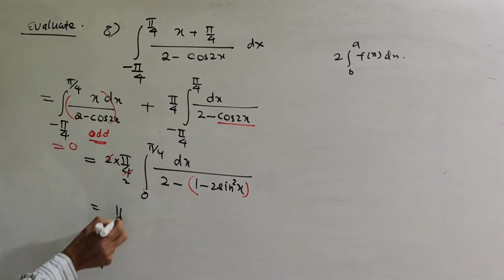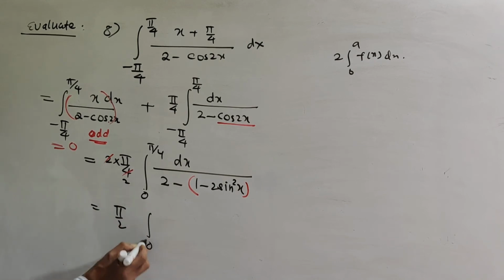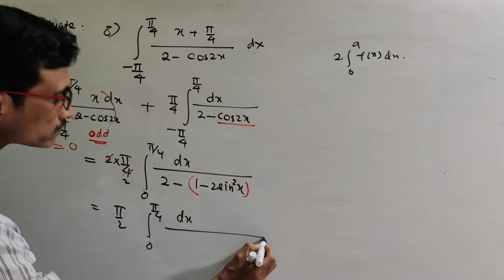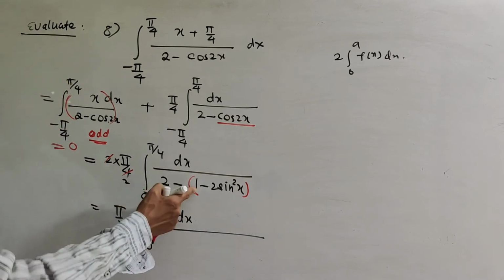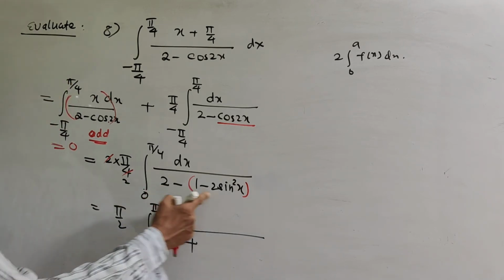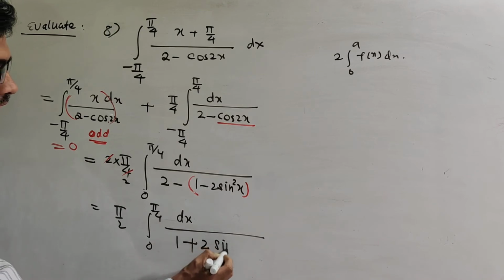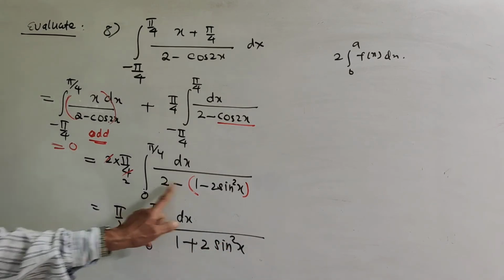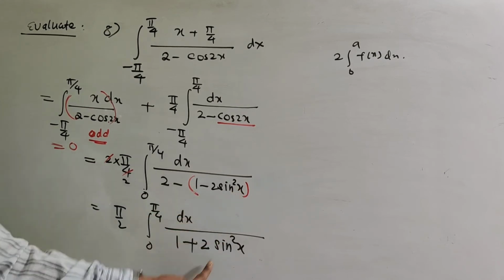It is pi by 2 integral 0 to pi by 4 dx upon 1 plus 2 sin square x.